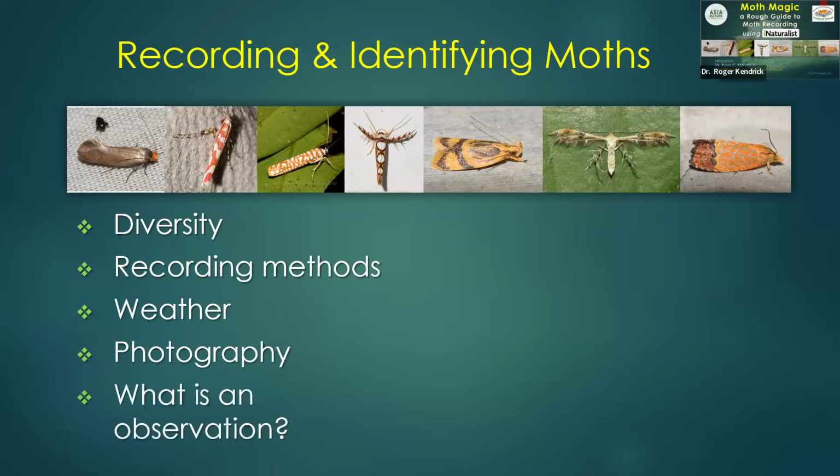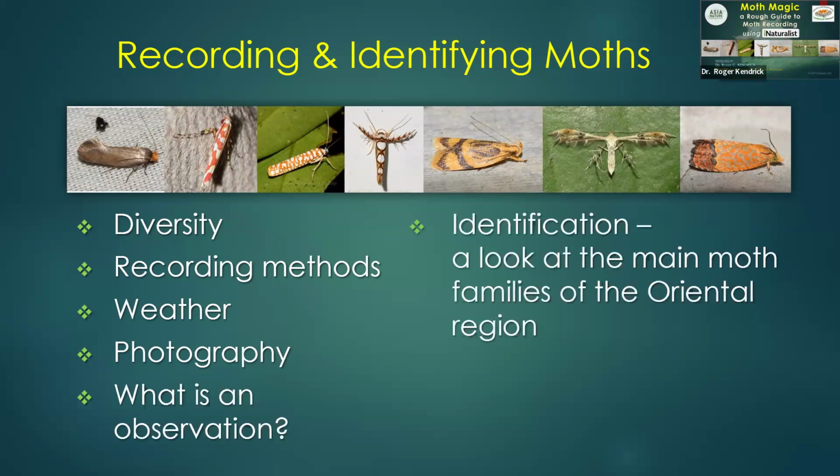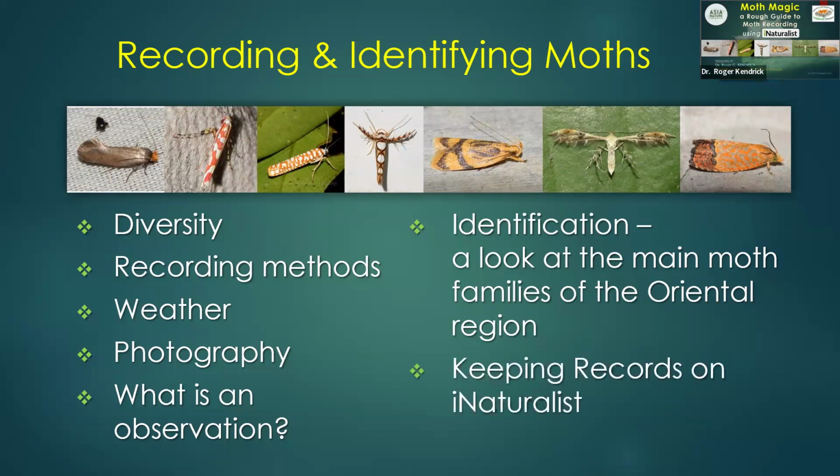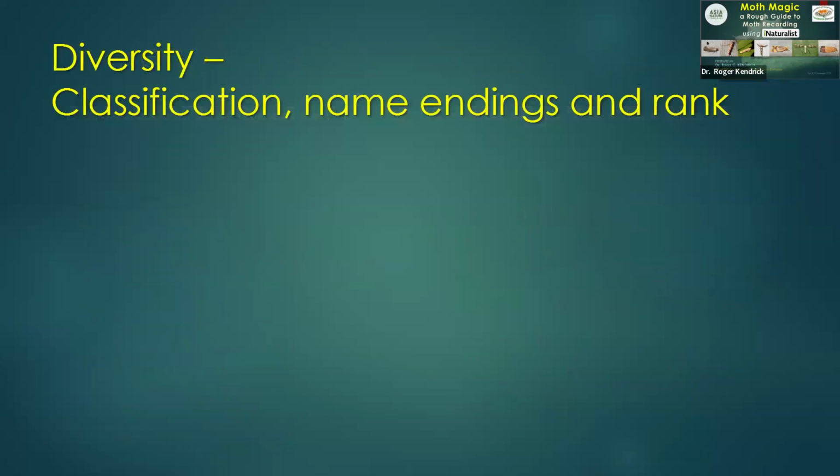I'm going to go into a little bit of depth about what an observation actually is. iNat kind of jumps the gun a little bit on some of this and simplifies it, but we'll go into a bit more depth. Then I'll look more specifically at the main moth families found in the Oriental region, and we'll link back to the diversity there shortly. And finally, we'll wrap up with actually how to keep the records on iNat. So although this is about iNaturalist, not very much is mentioned until we get towards the end, which is really the take-home point. So, diversity.